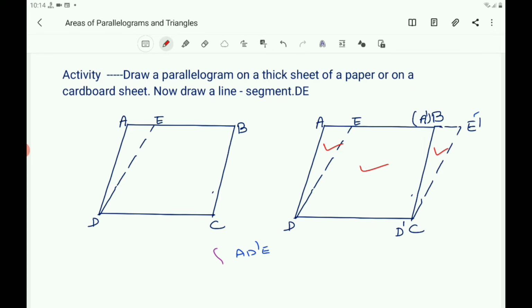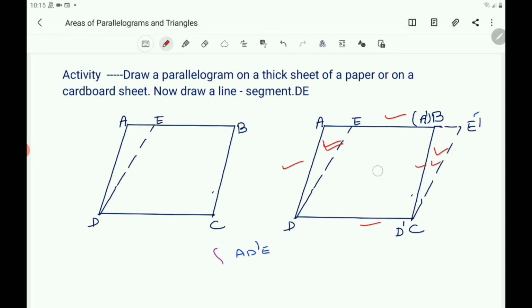Common area plus equal areas: if the common area is added to triangle ADE, you get parallelogram ABCD, and if it is added to triangle A'D'E', you get the area of parallelogram EE'CD. Therefore, area of parallelogram ABCD equals area of parallelogram EE'CD.